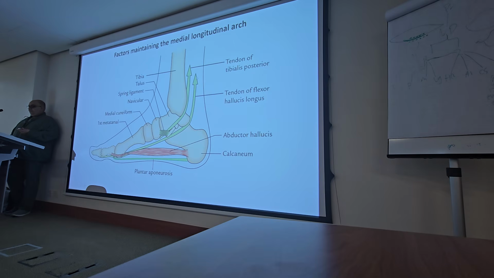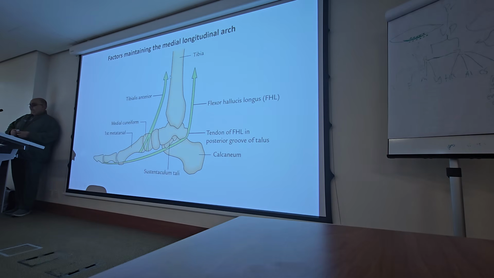Who is this? Flexor hallucis longus. This is one factor. Tibialis posterior, another factor. And then we also have a contribution from tibialis anterior. This is coming anteriorly, these two are coming posteriorly, and these are examples of dynamic support or suspensory supports.